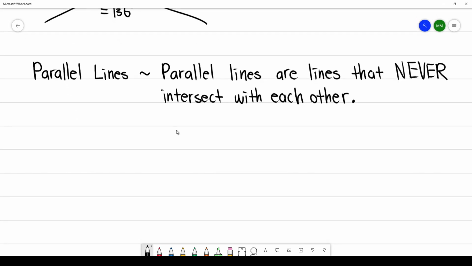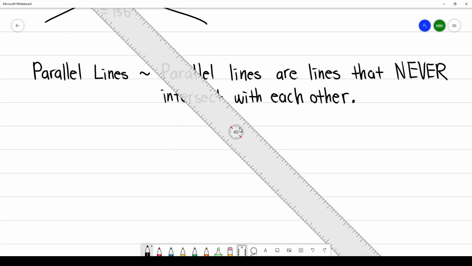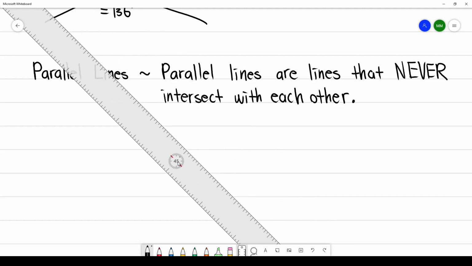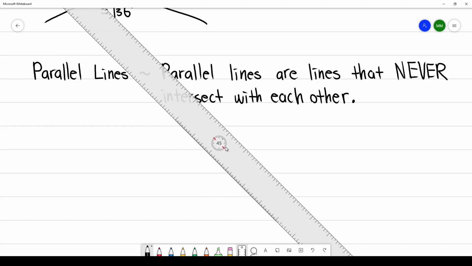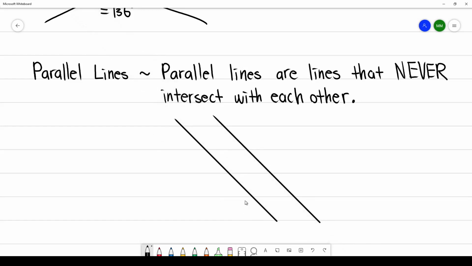Now how we denote this is, say we have two parallel lines. Actually, I'm going to draw it with a ruler. So it'll just be like this. It doesn't have to be flat or vertical, as long as they're like this. These two can be two parallel lines because they never intersect, right?